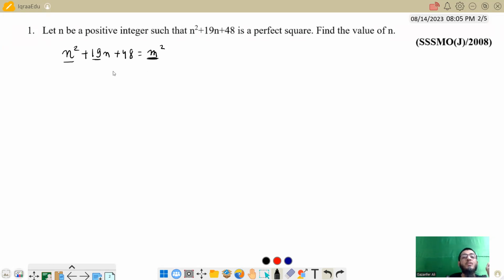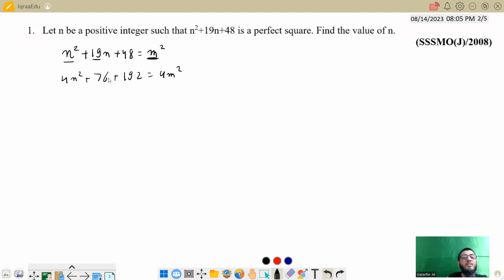Okay. So I multiply the whole equation by 4. 4n square plus 76n plus 48 into 4, 192, is equal to 4m square.